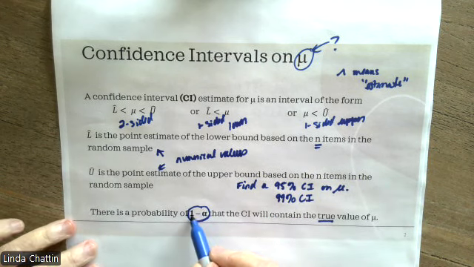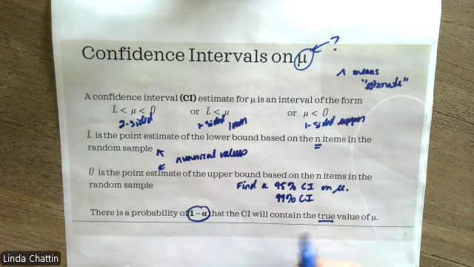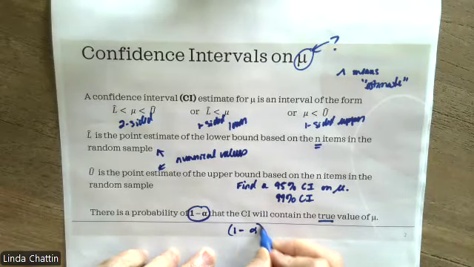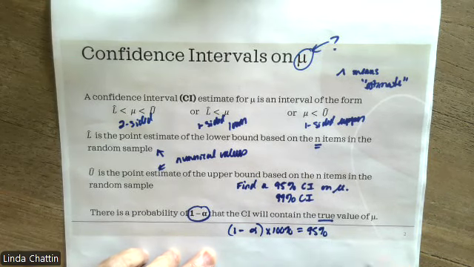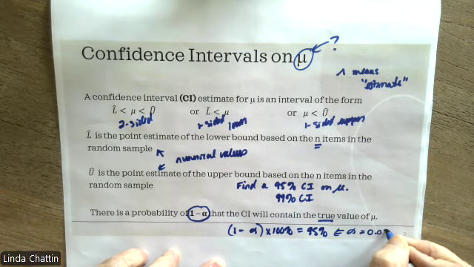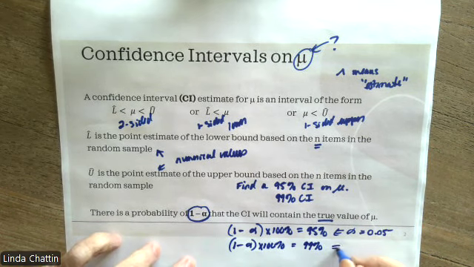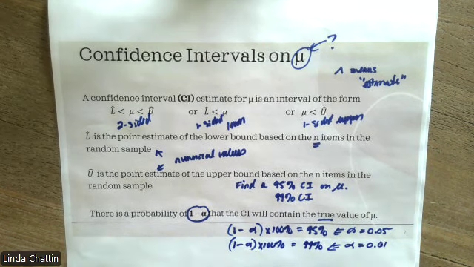The way this 1 minus alpha relates to 95% is as follows: 1 minus alpha times 100% equals 95%, which means alpha in this case equals 0.05. If 1 minus alpha times 100% equals 99, a 99% confidence interval, then alpha is equal to 0.01. So that's how we will be referring to confidence intervals.